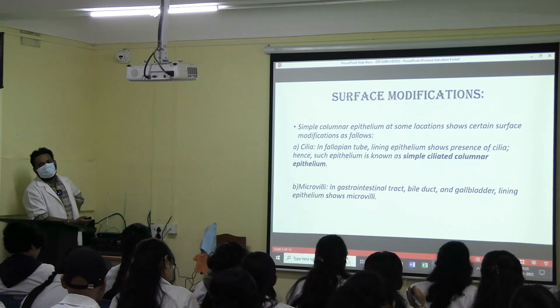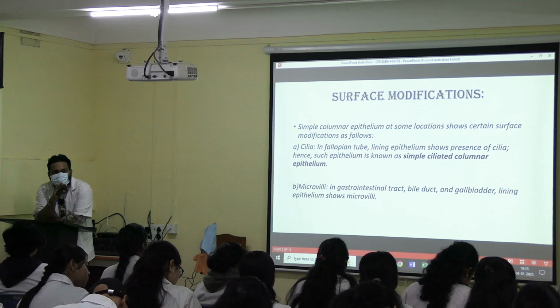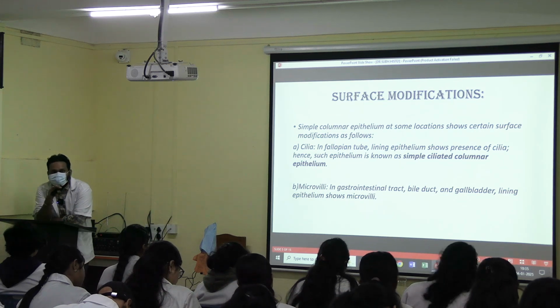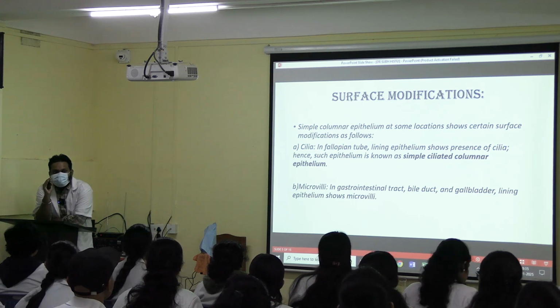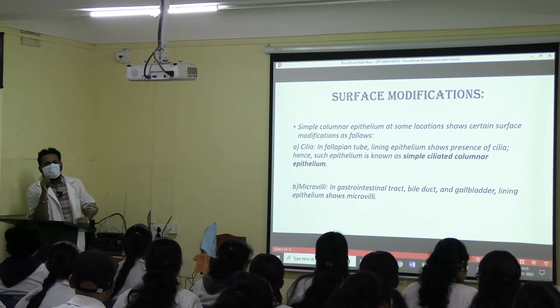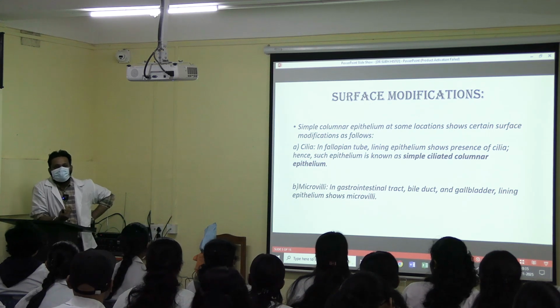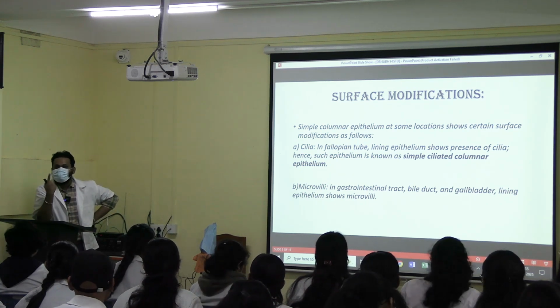Surface modification. In certain places, there are some modifications known as cilia and microvilli. What is cilia? These are hair-like projections. What's the use of cilia?